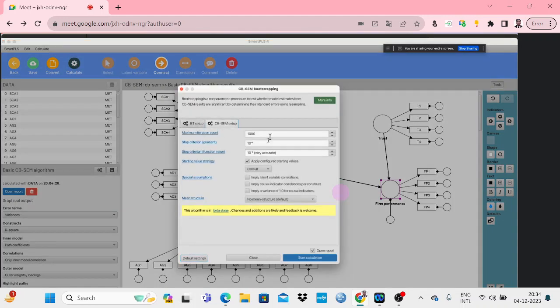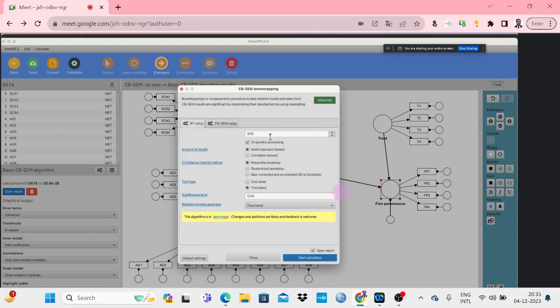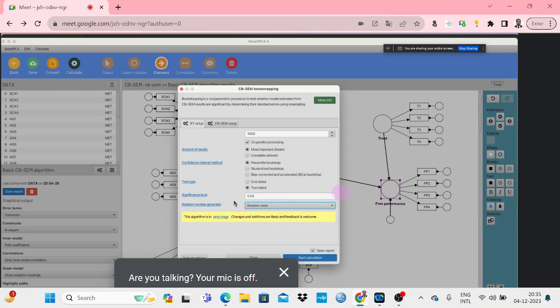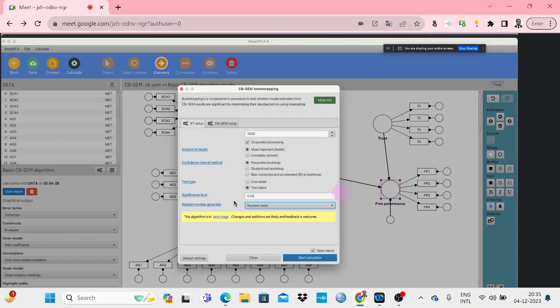All the other things are the same. In this bootstrapping setup, it shows how many bootstrap samples we require, so we will put 1000, and a random seed. We can change the seed also, but if you put a different random seed, it might give slightly different values from the second or third decimal digit, so it is recommended that you fix the seed.